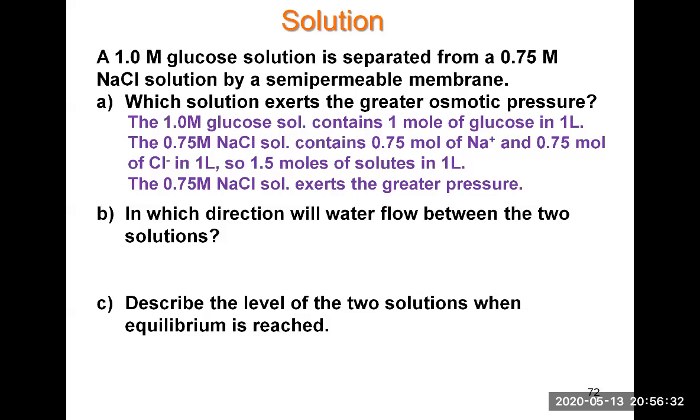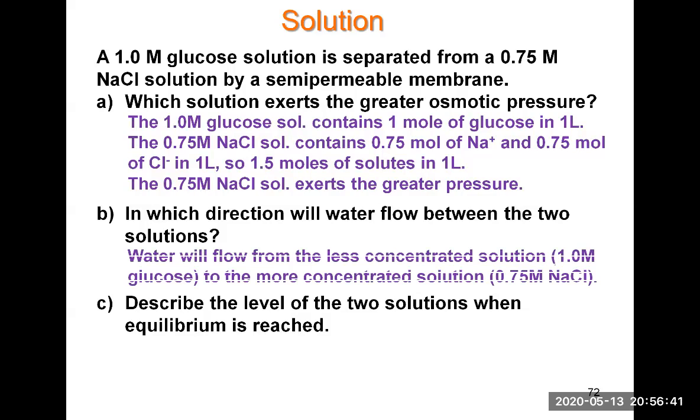And it will go from low solute concentration to high solute concentration, which means here it will go from the 1 molar glucose solution, which is less concentrated, to the more concentrated solution, the 0.75 molar NaCl solution. So water will flow from the 1 molar glucose to the 0.75 molar NaCl.